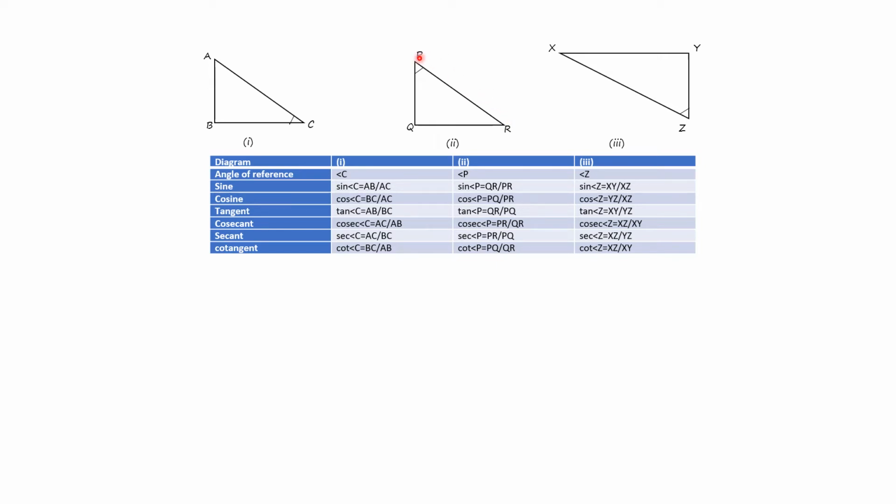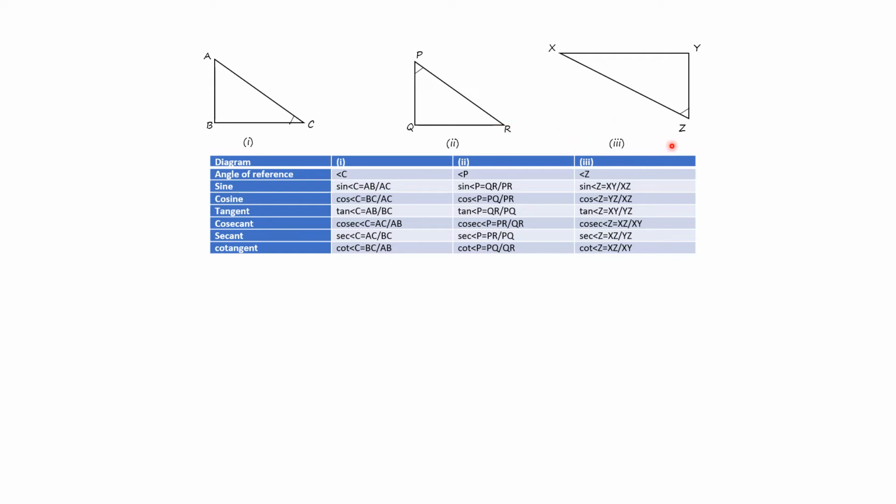Tangent of angle P is perpendicular by base, that means QR by PQ. Cosecant of angle P is hypotenuse by perpendicular, that is PR by QR. Secant of angle P or sec P is hypotenuse by base, that is PR by PQ, and cotangent of angle P or cot P is base by perpendicular, that is PQ by QR.